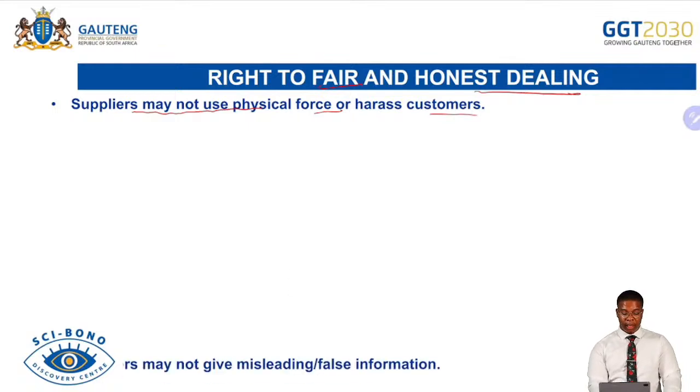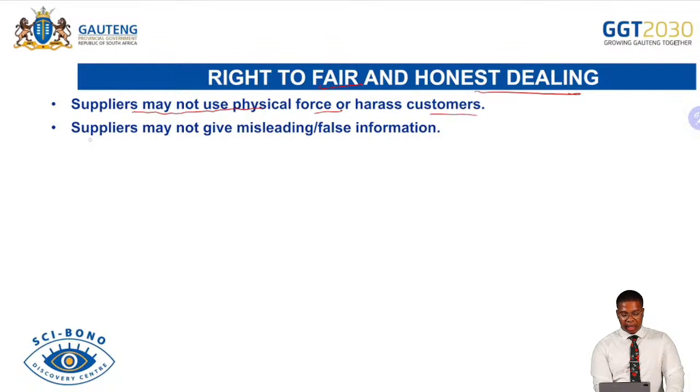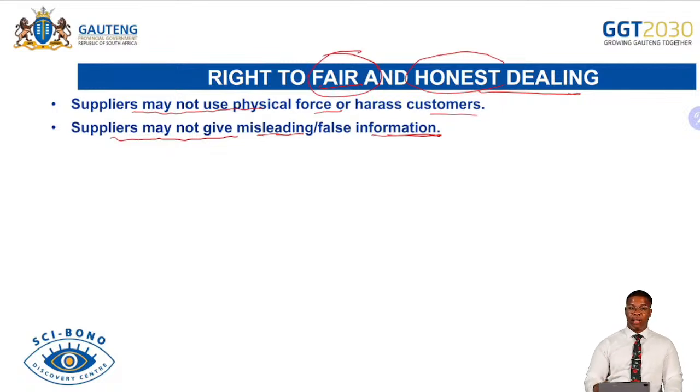This will protect the consumers. And then another one is that suppliers may not give misleading or false information when dealing with what? Consumers. Because should a supplier give misleading or false information, they are not being honest, they are not being fair in the process of selling their product.